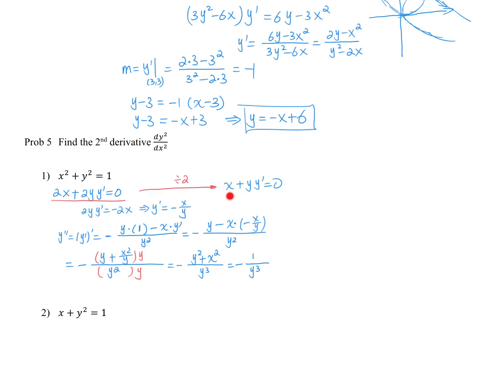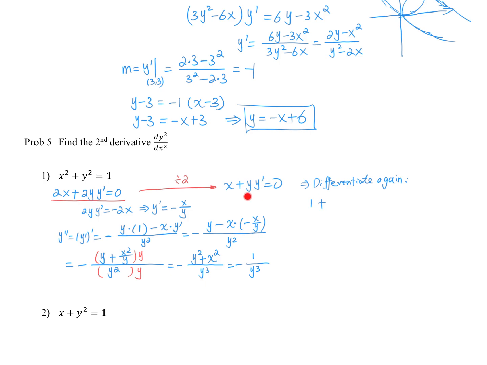So the derivative of x is going to be 1. Now the derivative of y times y prime, you will have to use the product rule.